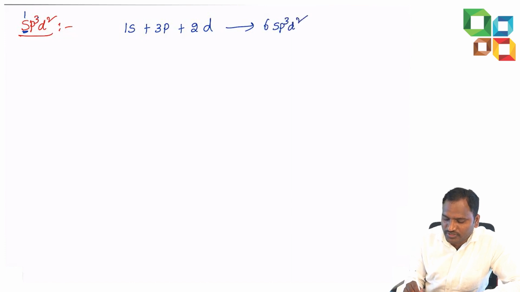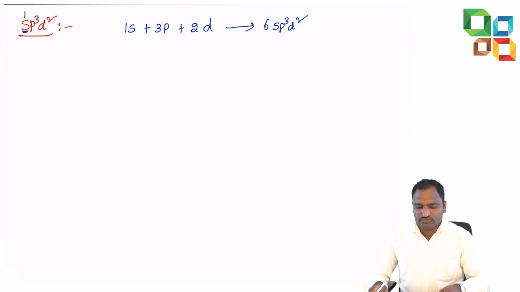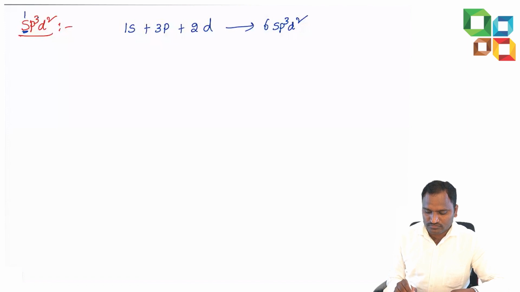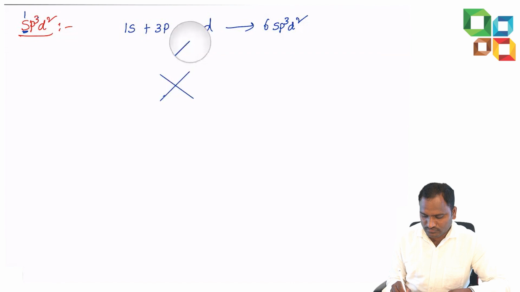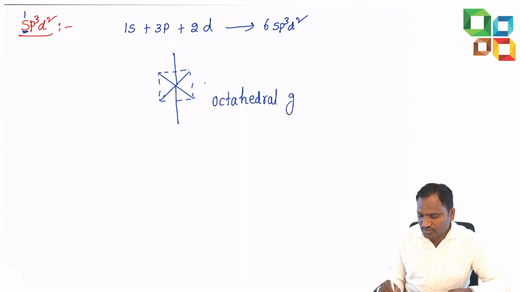These 6 sp3d2 hybrid orbitals are arranged in a square planar shape. If we draw one bond above and one bond below, it is called octahedral geometry. 6 bonds, 6 hybrid orbitals arranged in an octahedral manner.